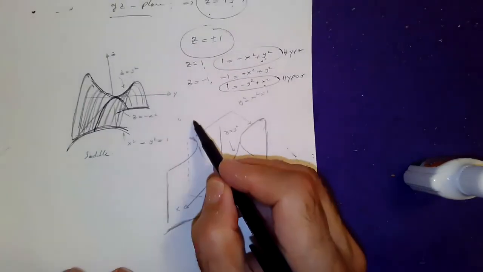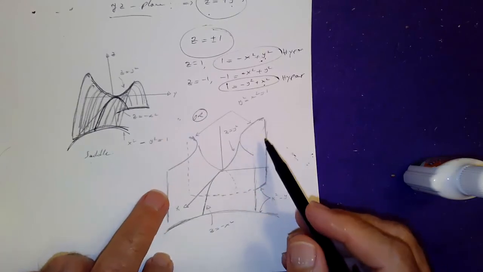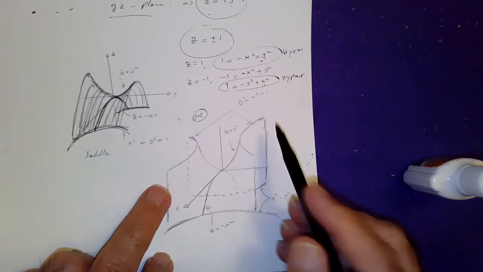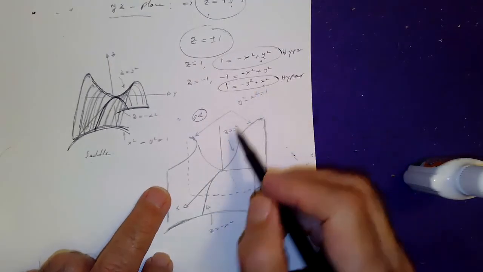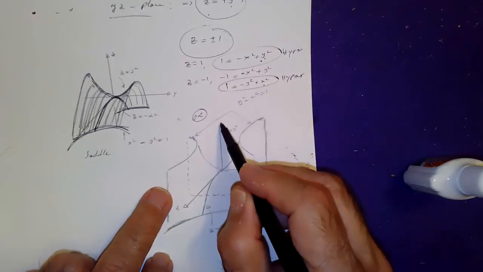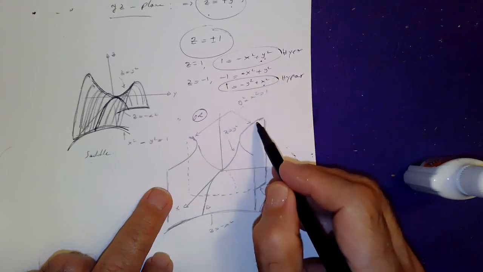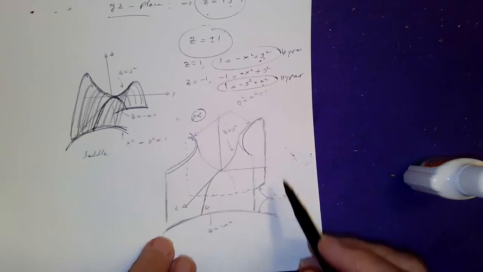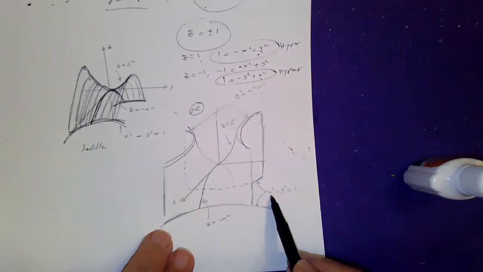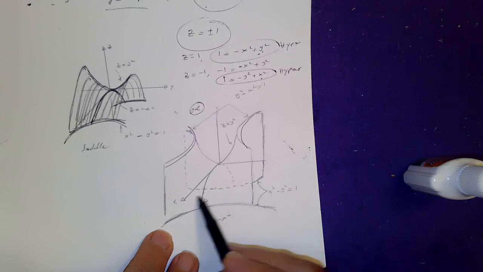Alternatively, you can also graph the saddle this way. Notice these are the hyperbolas when z equals 1. You get y squared minus x squared equals 1, so these are the hyperbolas. And when z equals negative 1, you get x squared minus y squared equals 1, and these are the branches of the hyperbola, correct?